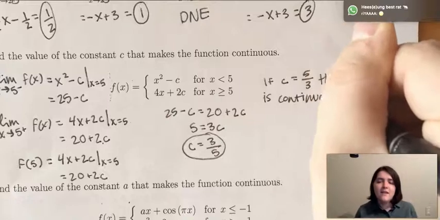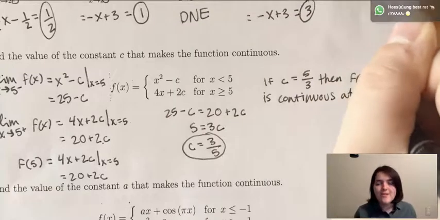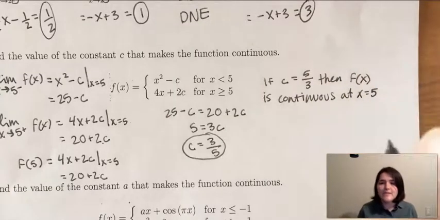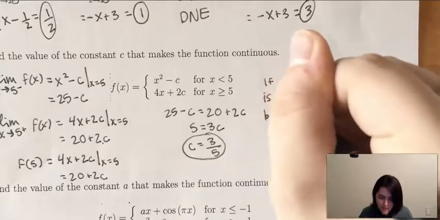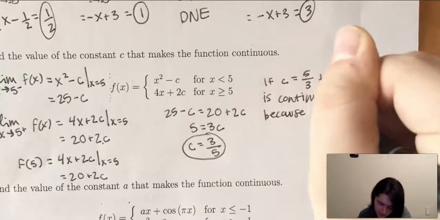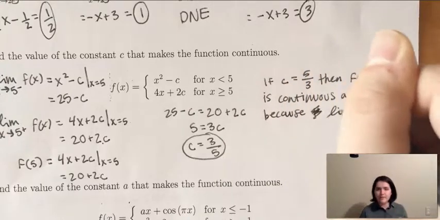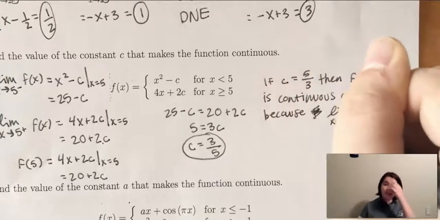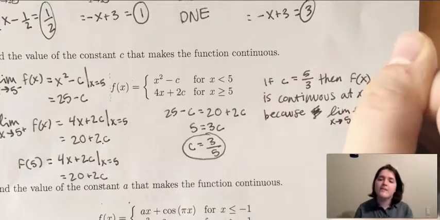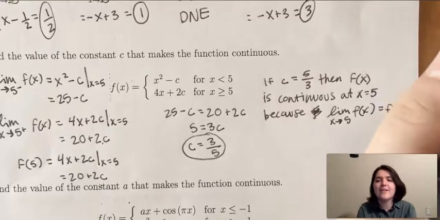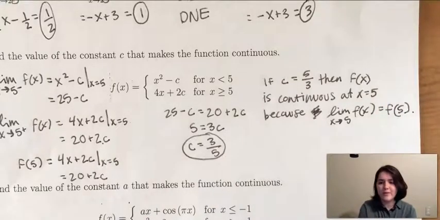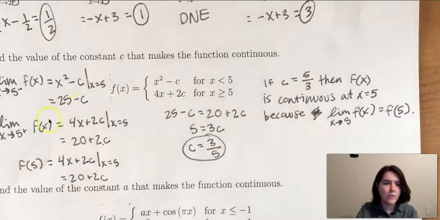So if c equals 5/3, then f of x is continuous at x equals 5, because the limit as x approaches 5 is equal to f of 5. That's the definition of continuous that we had at the beginning. The limit as x approaches whatever is equal to the function at that number. And here we proved it.